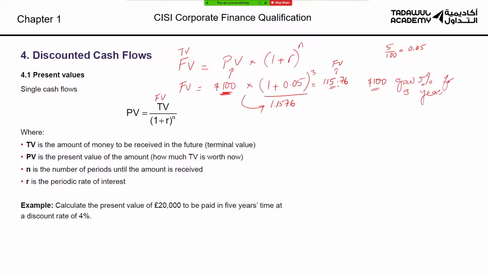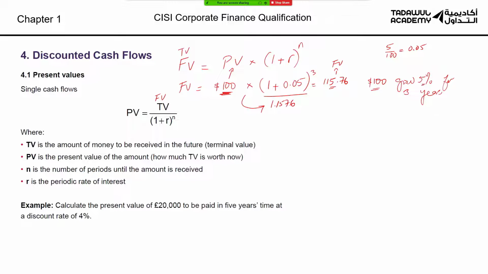Watch out in the exam. I doubt CISI would much bring it, but watch out in the exam if you're told that a certain investment, because here you're assumed that you are going to be getting the 5% every year. So 5%, 5%, 5% once a year.